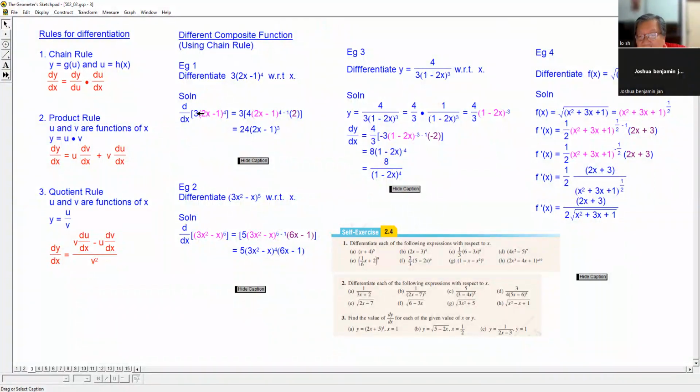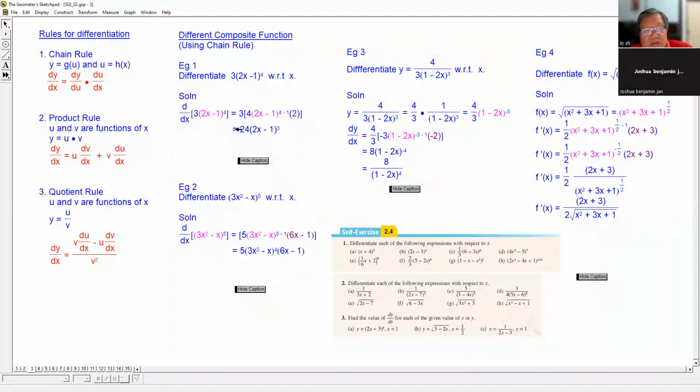Now this number 3, no need to differentiate, you just copy it down here. Then this pink part, you bring down the power 4, like that. Then the 4 less by 1 becomes 3.